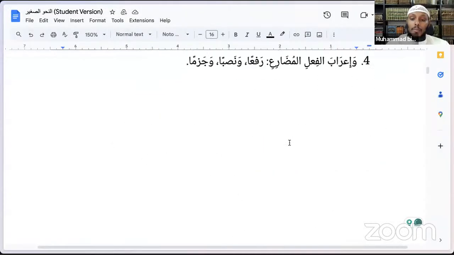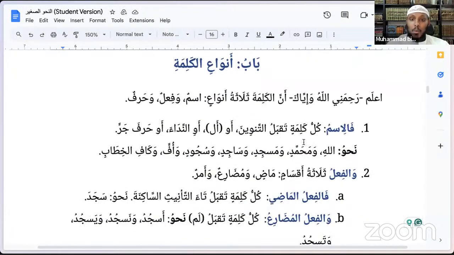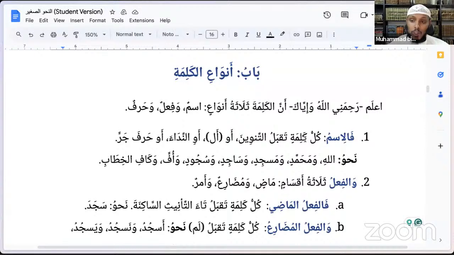Okay? So let's start with the first part, which is أحكام الكلمة. باب أنواع الكلمة. This is the most crucial chapter. As a matter of fact, the author calls it الضرورة الأولى.